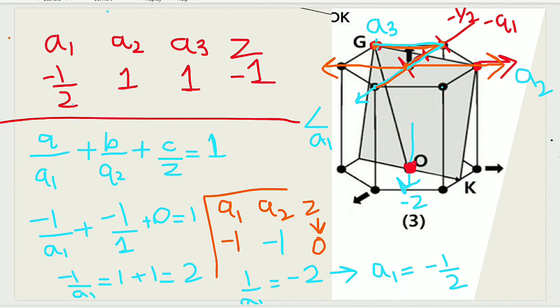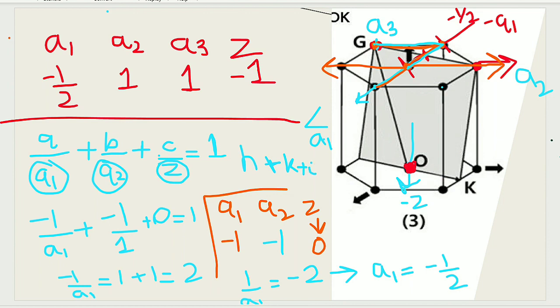Okay, keep that in mind, that a1, a2 and z here are intercepts, not indices. So the result that you will get is intercept, not indices. Whereas the equation that I mentioned before for the a1, a2 and a3 axis relationship, there these are indices, not intercepts.